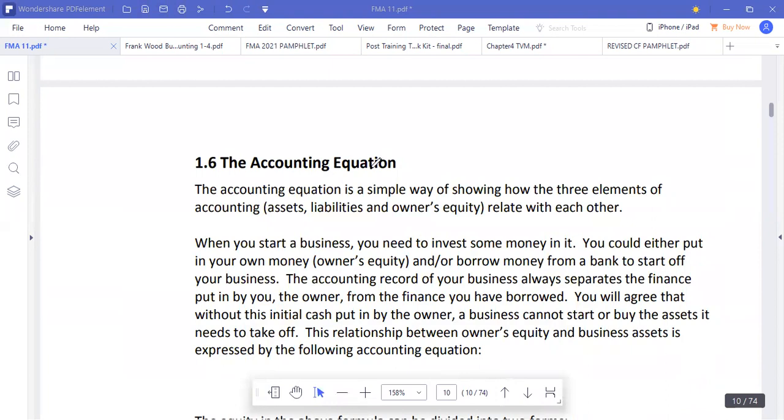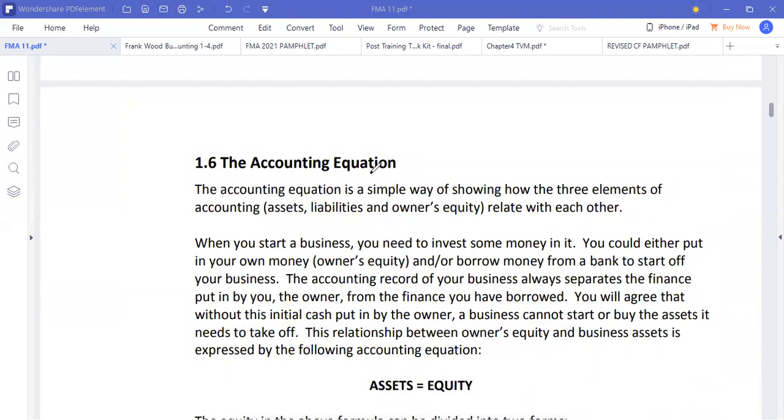So there's what is called an accounting equation. The accounting equation is a simple way which we use to show three key elements and how they relate: assets, liabilities, and the owner's equity, and how they relate to each other. So to start with, when you begin a business, you need to invest money in it. So you can either put the money as equity, or you can borrow some of the money from the bank, isn't it?